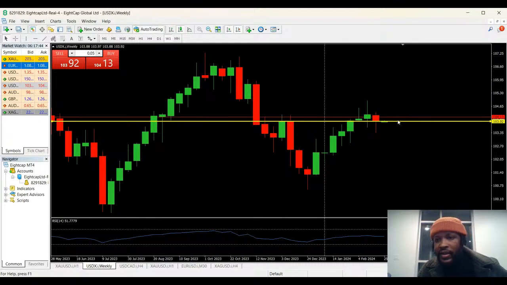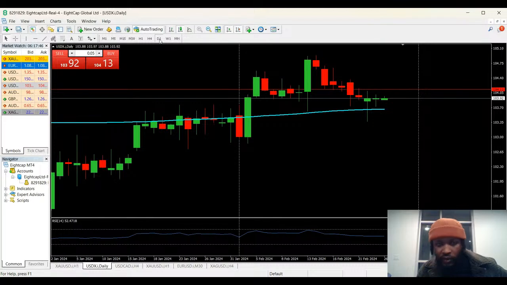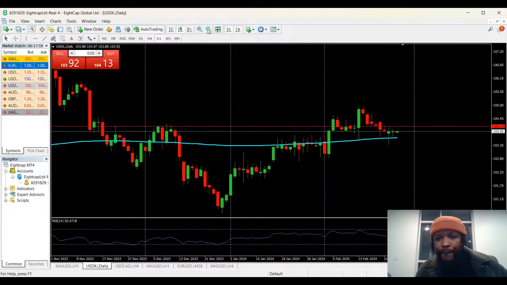So every time before I go on gold or EU or UC or UJ, I always take time to analyze the DXY, because if the DXY is bearish or bullish, that'll give you a good confluence, aka confirmation, to actually trade gold or EU correctly, if that makes sense, right?